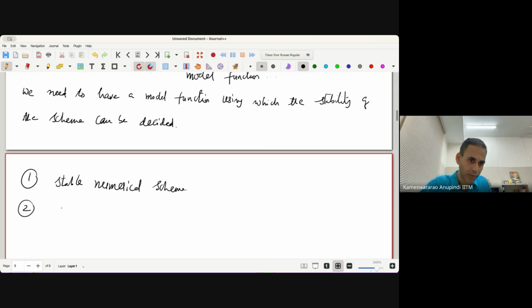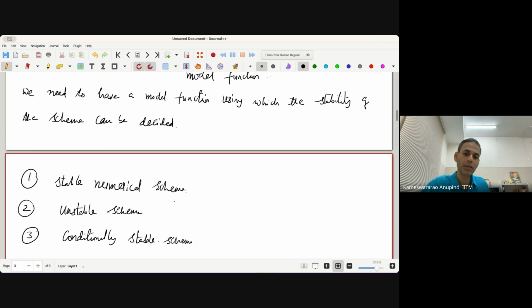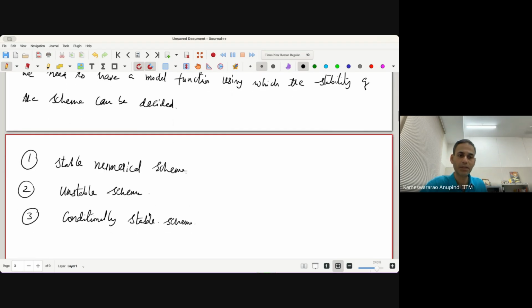Similarly, we have an unstable scheme, or we have also identified conditional stability, that is a conditionally stable scheme. So we have these three choices: stable scheme, unstable scheme, and conditionally stable scheme.